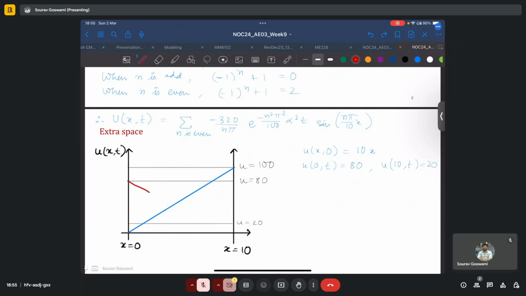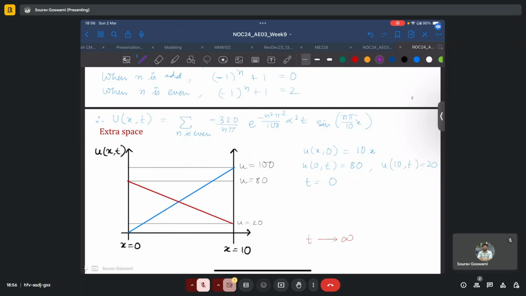And so the slope of this curve will be constant, and a curve with constant slope is only a straight line. The blue curve corresponds to t equal to 0, and the red curve corresponds to t tending to infinity, after a very long time.